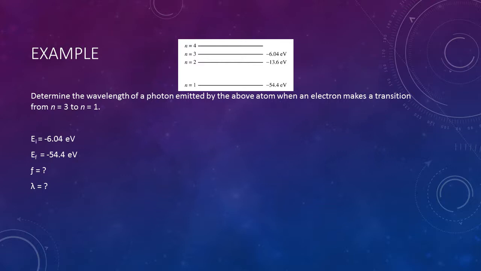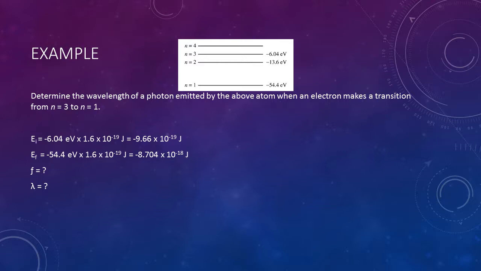I'm looking for my wavelength, but I know that I have to solve for my frequency first, because the only equation I know that deals with transitioning energy levels involving photons is for frequency. Next, I don't like electron volts. It's not my standard unit, so I'm going to convert those electron volts into joules.